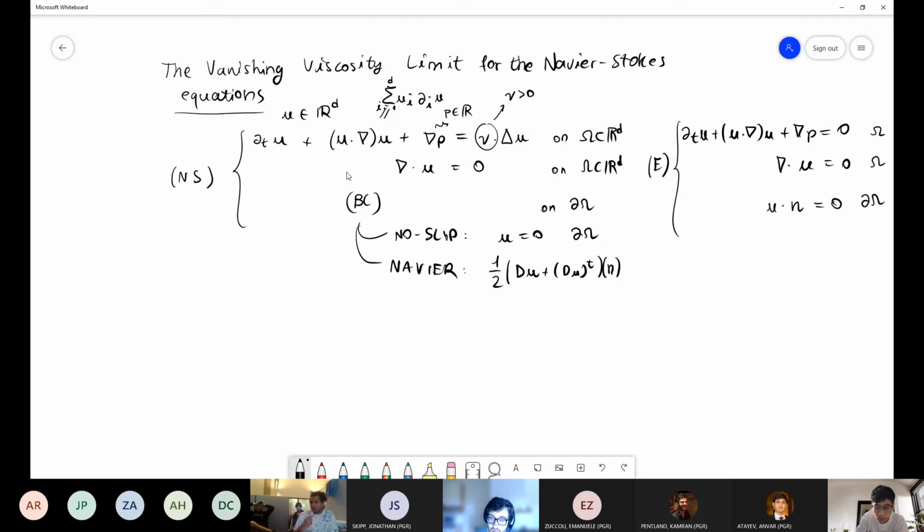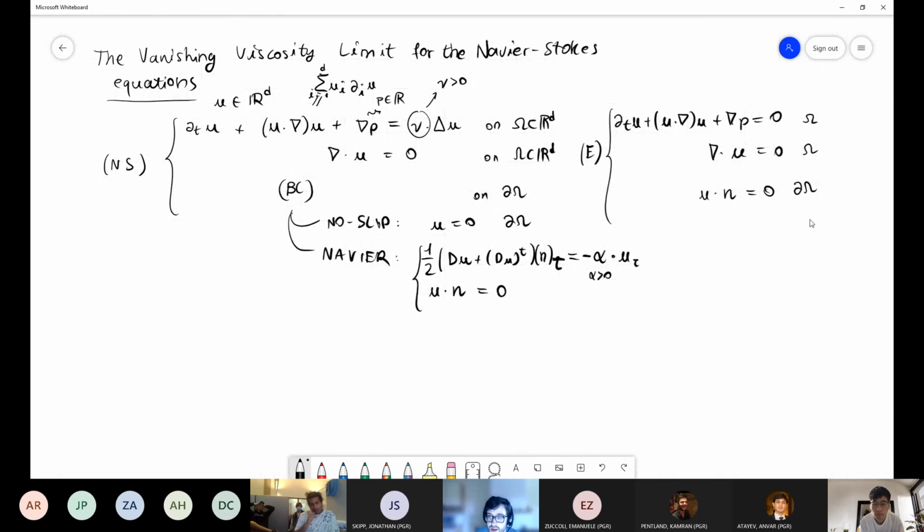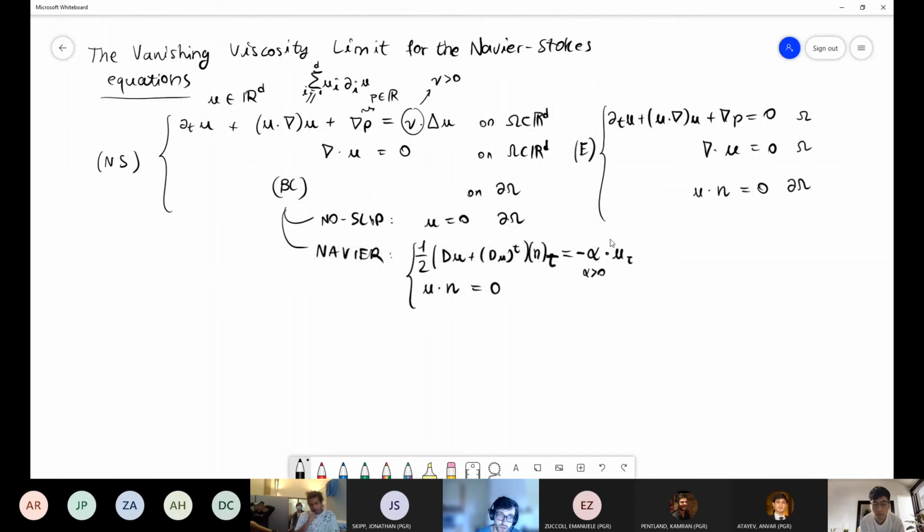So we have the symmetric gradient computed at the normal vector, and then we take the tangential component, and we say this is equal to negative alpha, with alpha strictly positive, times the tangential velocity. And we couple this with the other condition that the normal velocity is 0. Both of these are, of course, stronger conditions compared to the boundary condition on Euler, and this will be important in what follows.